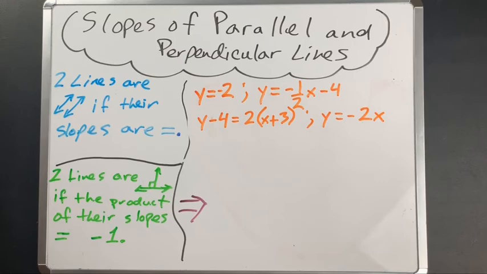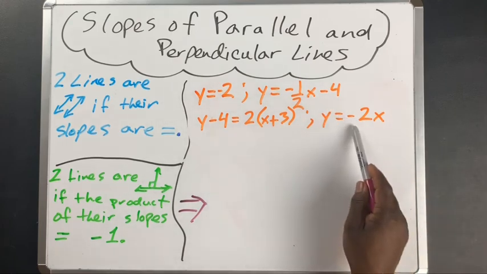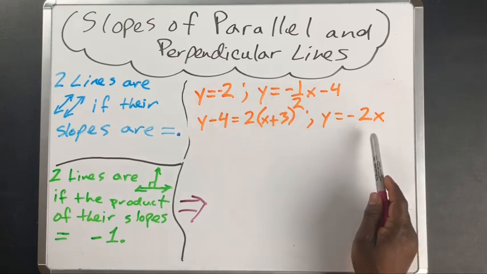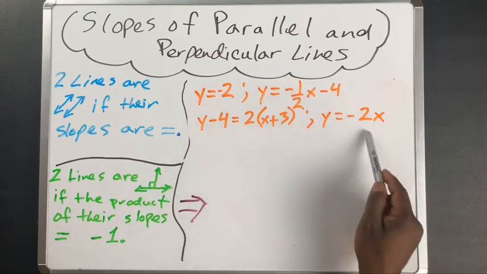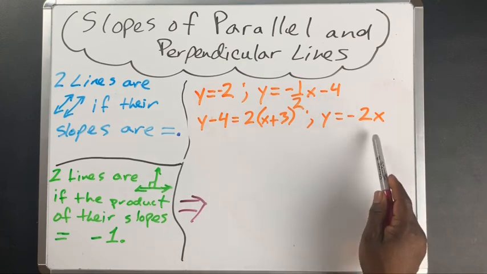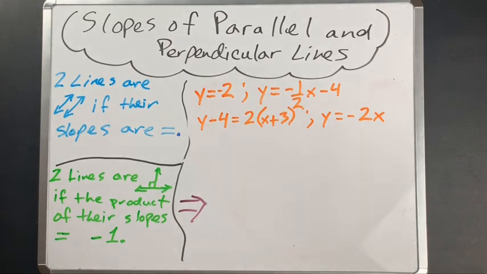What about these two here? That slope is -2, and that slope is -1/2. A negative times a negative is a positive. So if I multiply these two slopes, I'm going to get 2/2, which is 1, and I need a -1, so that cannot work either. Keep looking.